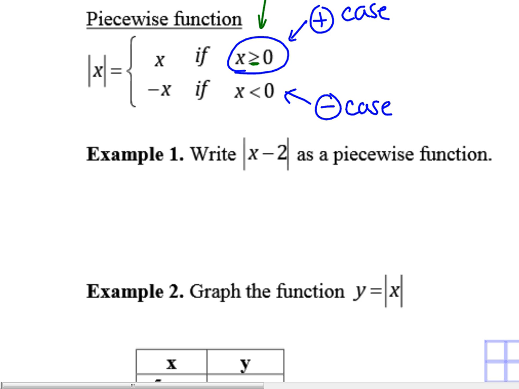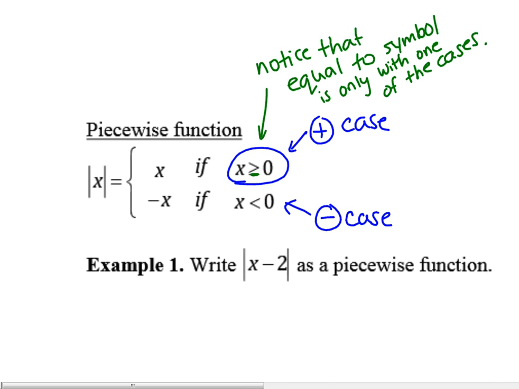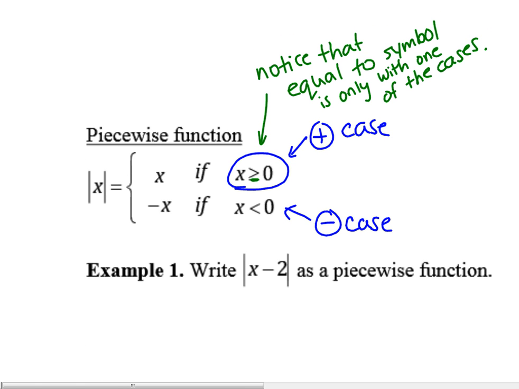So if I want to write x minus 2 as a piecewise, let's write x minus 2 as a piecewise. Let's think about what x would have to be. What type of numbers would x have to be for it to be positive inside the absolute value?